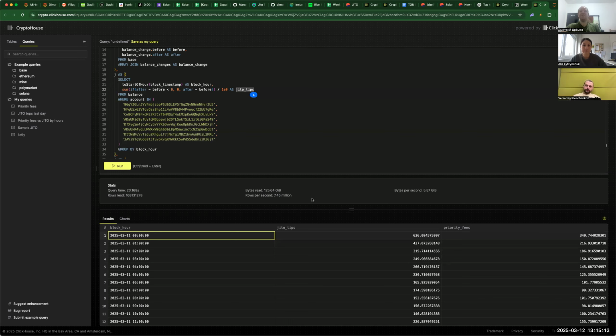I'm not sure if it's a technical or a design limitation, but I heard that for some programs on the Solana blockchain, there are limitations on the number of transactions that can be allocated to a specific program in the block. So it might be something similar. If you have one JITO tip account, there might be some limitations. That is my idea.